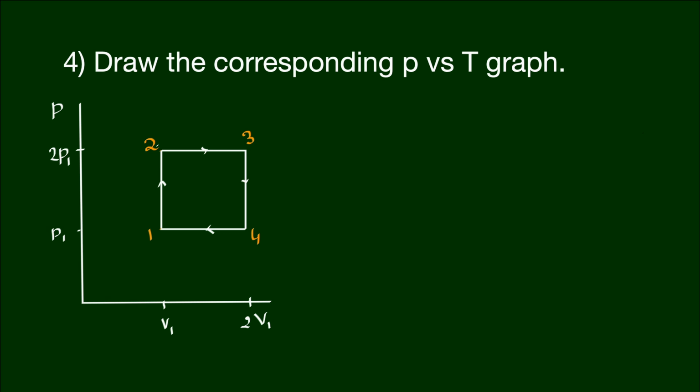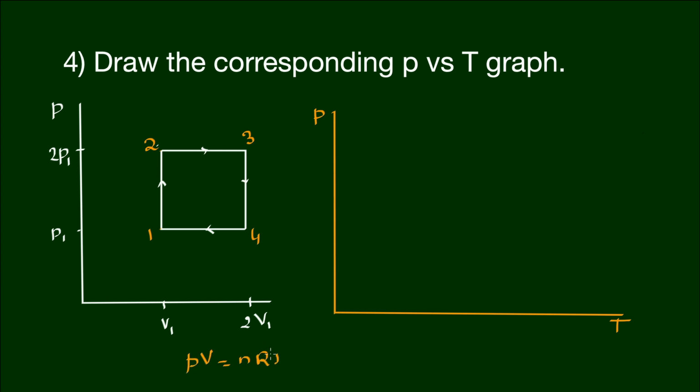Our last problem for this video is just like problem number 2, except now we are asked to draw the corresponding P versus T graph. As before, we start with point 1, pressure P1, volume V1. So 1 to 2, the pressure increases at constant volume. So if we look at our favorite equation, PV is equal to nRT, we are plotting pressure versus temperature.